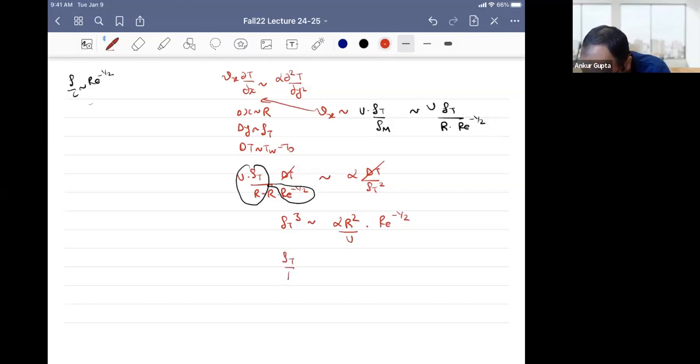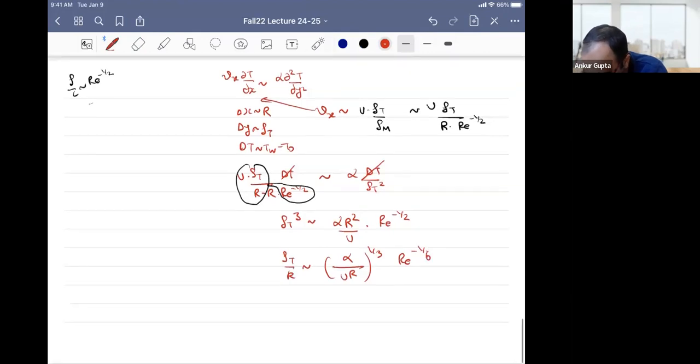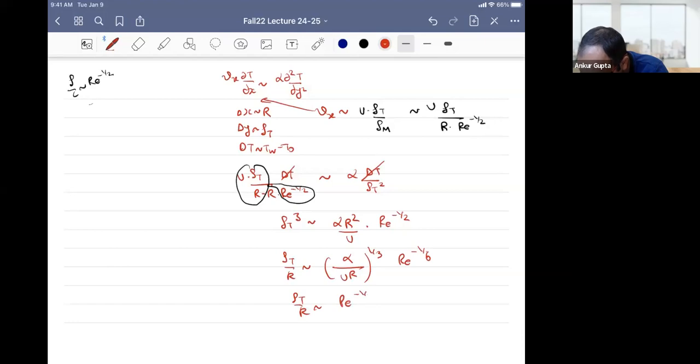And so delta T by R becomes UR by alpha to the power of minus 1/3, Reynolds number to the power of minus 1/6. Or delta T by R becomes Peclet to the power minus 1/3, Reynolds number to the power minus 1/6.